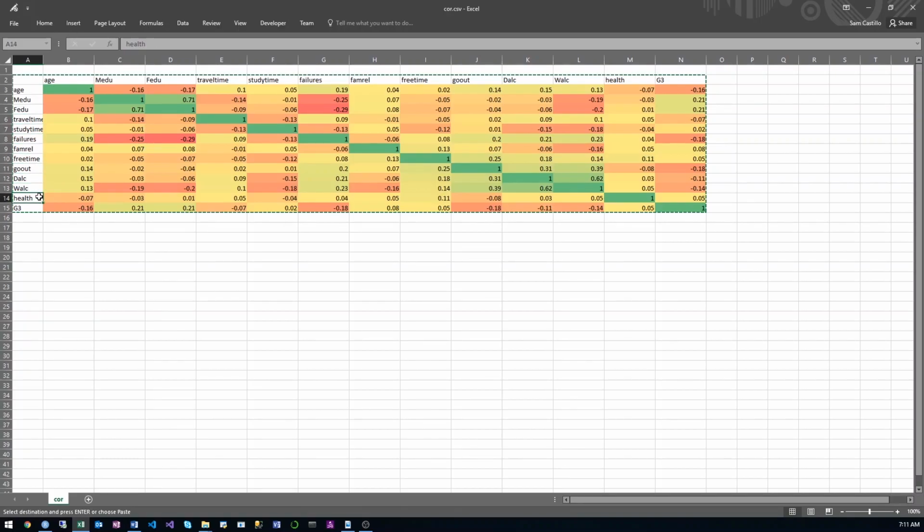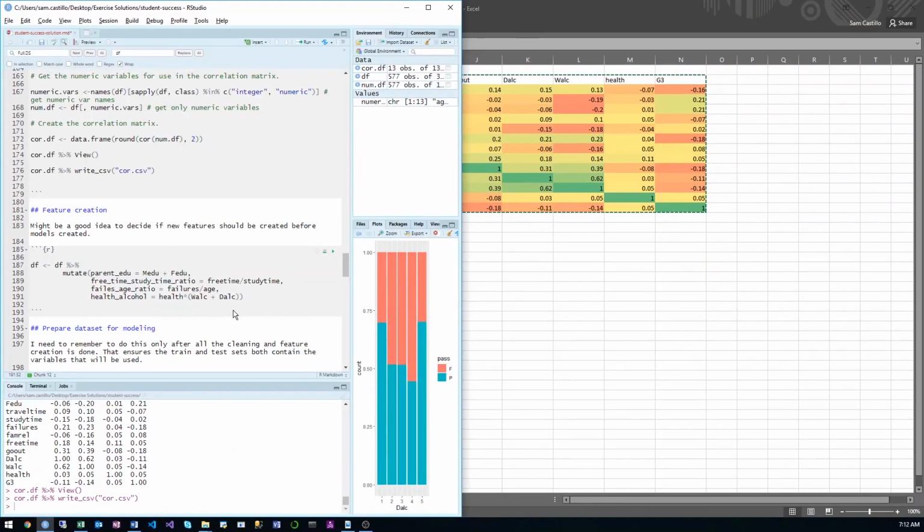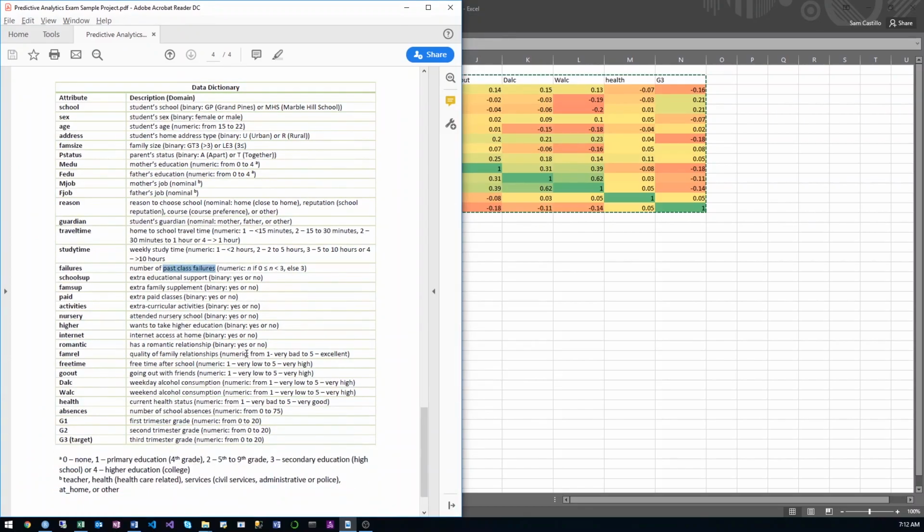And maybe their health status and their alcohol consumption, because these are numeric, right? So I'll multiply the two together. Let me check the interpretation. Current health status, 1 is very good, 5 is very bad.